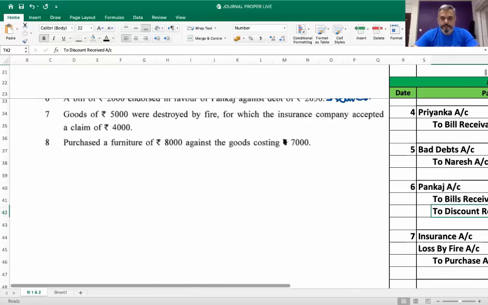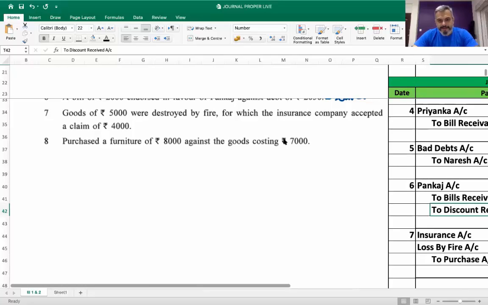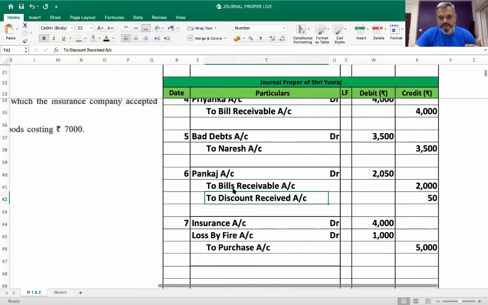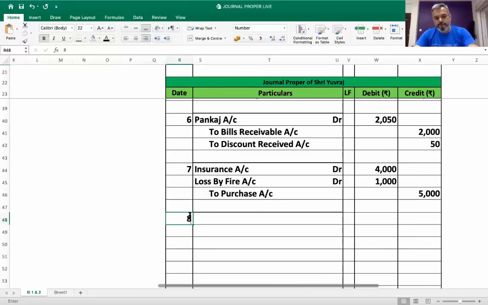Eighth one, purchase of furniture of 8,000 against the goods costing 7,000. So here we will take the approach where we will be conservative. Here we purchased furniture of 8,000, but our goods that went were only 7,000, so we will consider that the furniture we have purchased is of 7,000. So furniture account debit to purchase account 7,000.